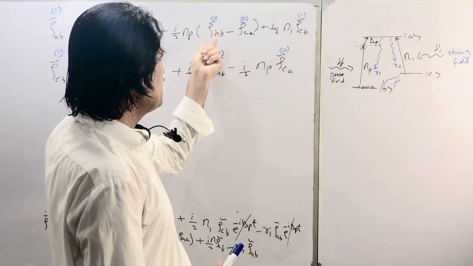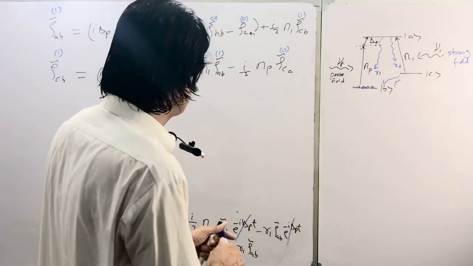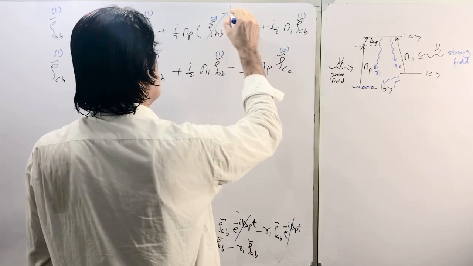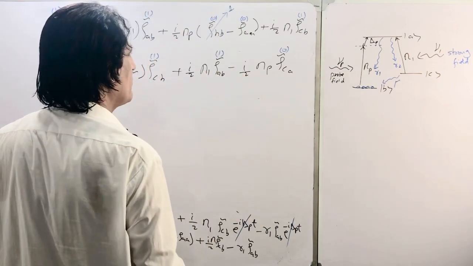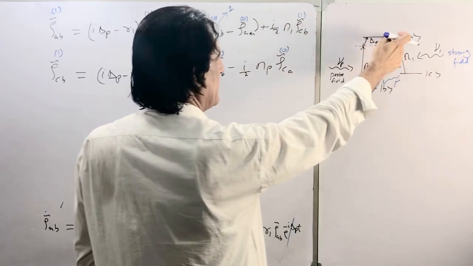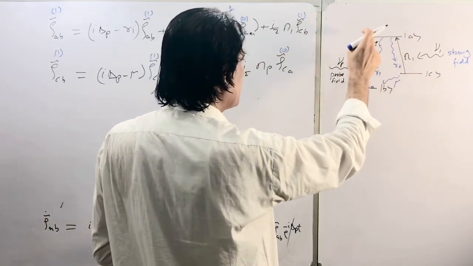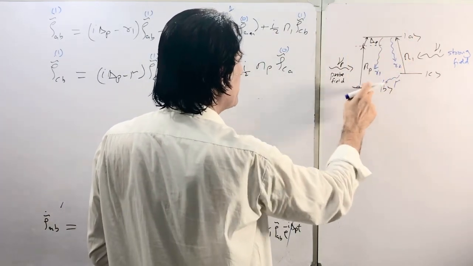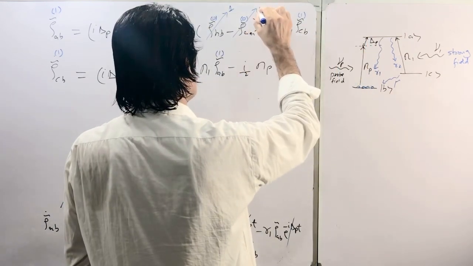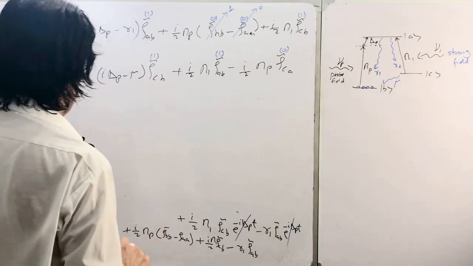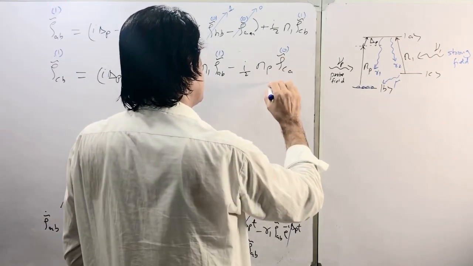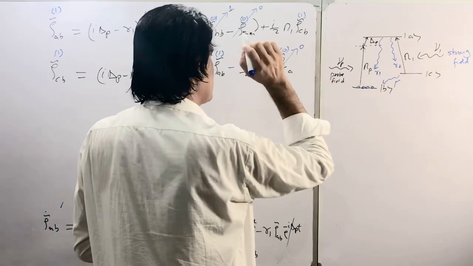This is equal to 1. Now, the initial condition of the excited state: all the electrons are here, so there is no electron here, so this must go to 0. And here, this is also equal to 0.